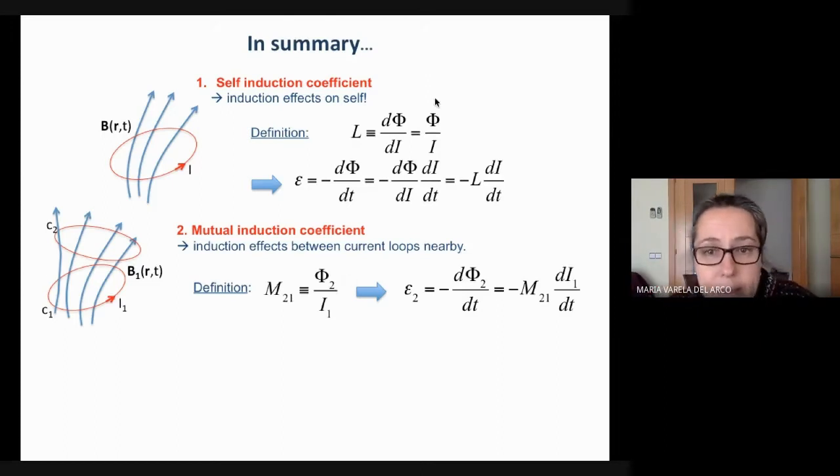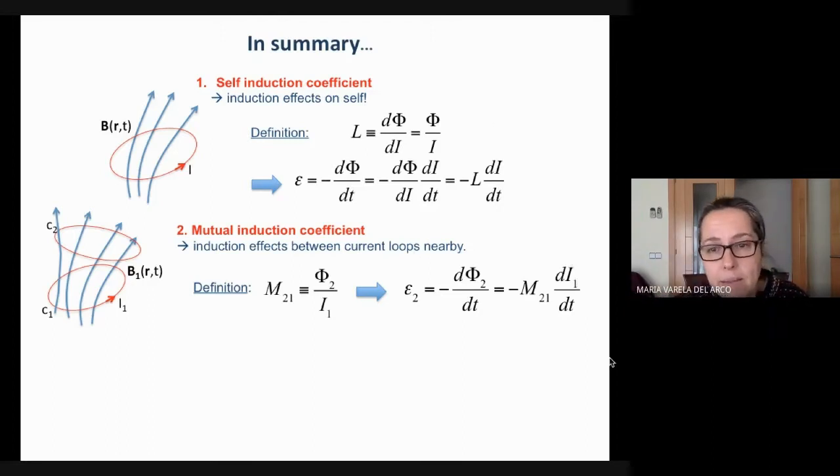Other than that, they have very similar form and units. And then the induced electromotive force on circuit number 2 will also be written in a very similar form, like minus the coefficient times the rate of change of the intensity over time. Just in this case, the intensity is the intensity going through the primary circuit, not the secondary, which is what I'm calculating.